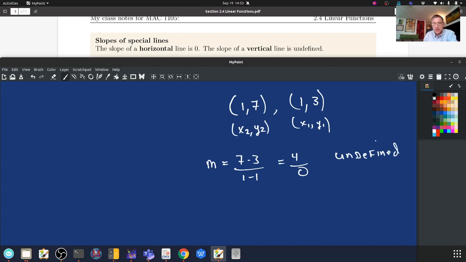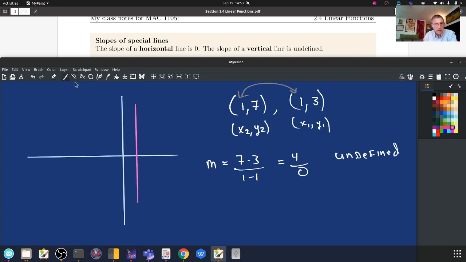And notice, the thing to notice here is these 2 points never change. So this is the slope, this is the graph of a vertical line that goes through this point right here, 1, 0.